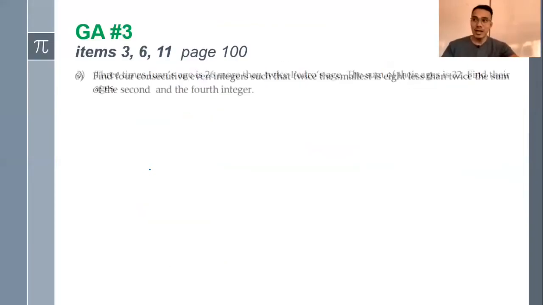Let's have item number 6. Find 4 consecutive even integers. Let's stop right here. 4 consecutive even integers. Examples of consecutive even integers, we have 14, 16, 18, 20, and so on.